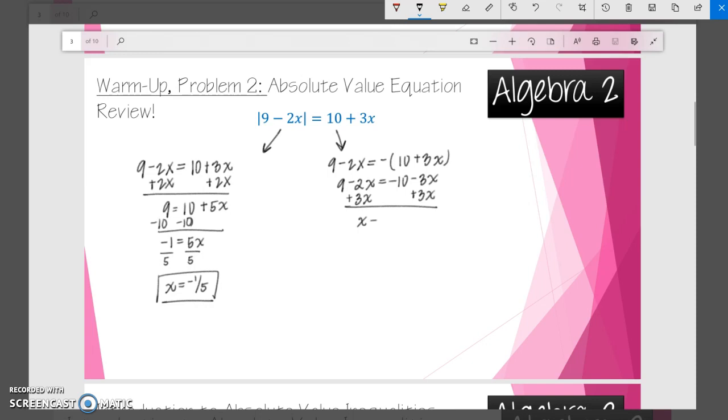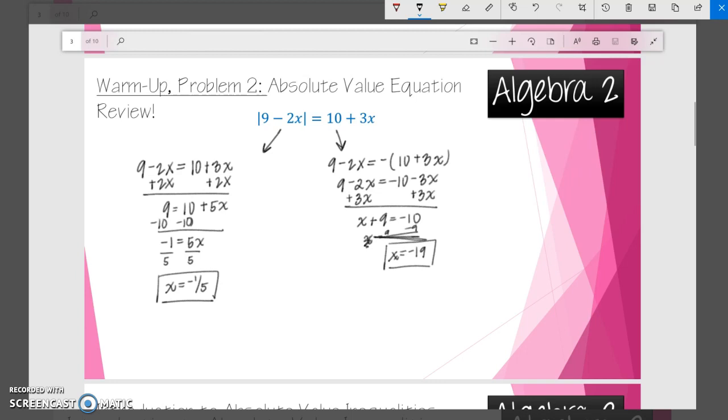And then I've got a positive 9 here is equal to negative 10. I want to go ahead and subtract that 9 here on both sides. So that's going to give me x is equal to negative 19 if I'm subtracting both there. Sorry, that looks a little bit funky there. So my final answer here is x is equal to negative 19.